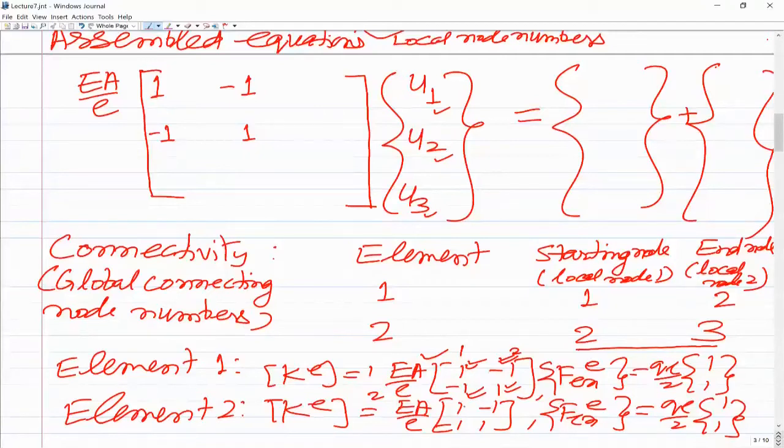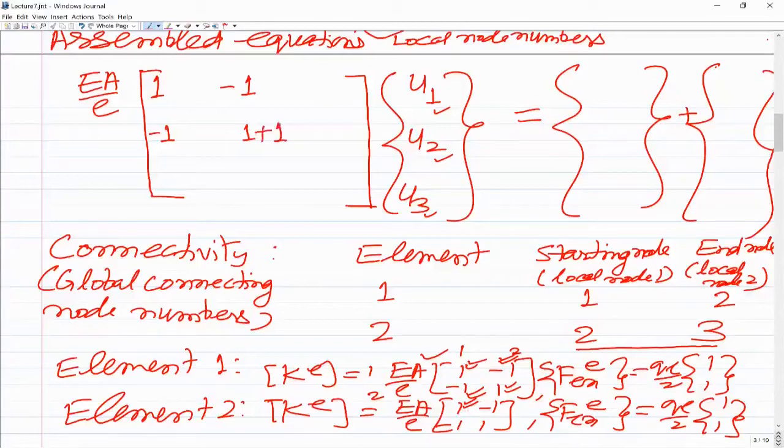So the first row and first column of the second element stiffness matrix will go to the second row, second column of the global system. It would be added here.